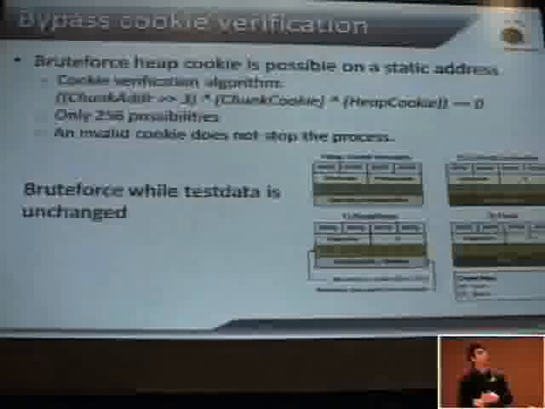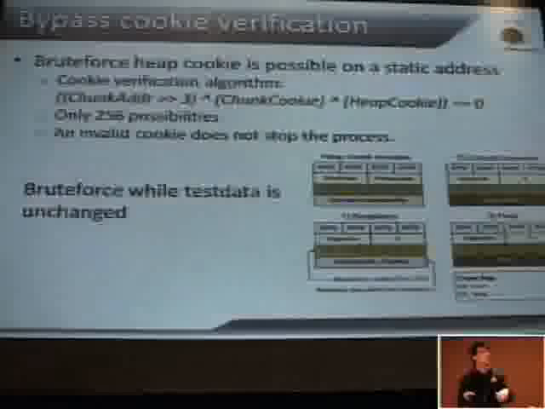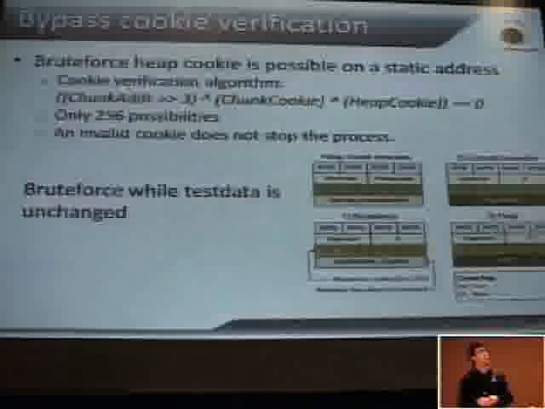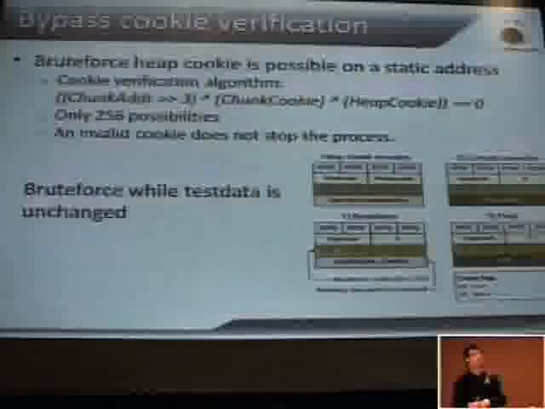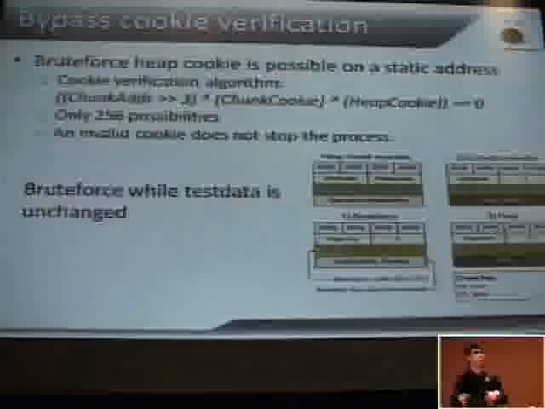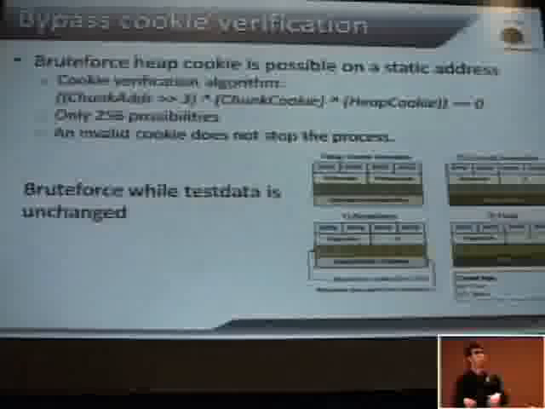In our case, the address is static, as it's in the remote mapped section. So there are only 256 possibilities. And when an invalid cookie is found, it will not break the process, it will not stop the process. So we are able to brute force this value and find the correct cookie.